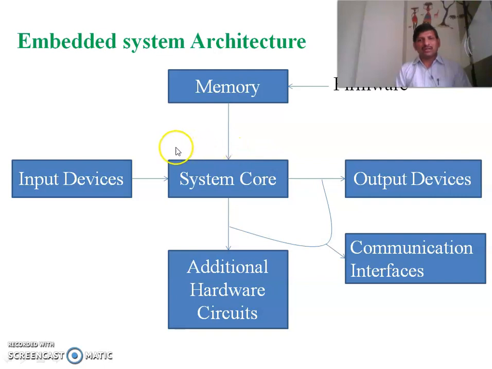We can use any one of these core components as the processing element in our embedded system. That system core component may be microprocessor or microcontroller or digital signal processor.